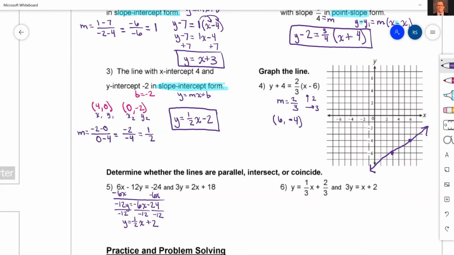Okay, that line's done. Now let's do the other. Looks like on this one, we just have to divide by 3. So we're going to have y equals 2/3 x plus 6. So now we compare slopes.